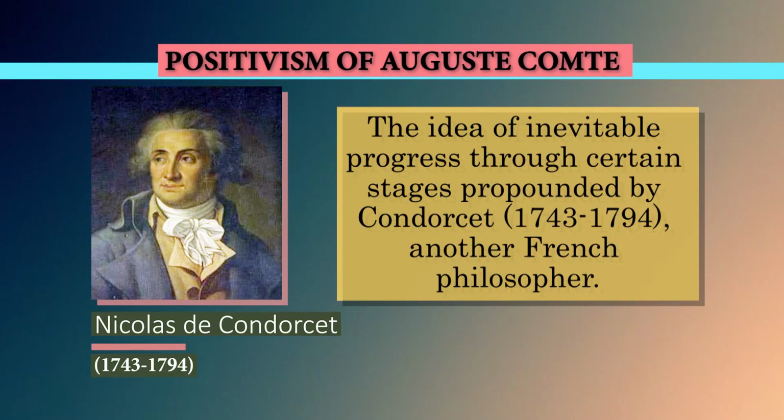Then we find that Comte was also influenced by the idea of inevitable progress through certain stages provided by Condorcet. Condorcet was another French philosopher of the 18th century. The ideas of both these persons have produced a profound impact in the shaping of positivist philosophy by Auguste Comte.